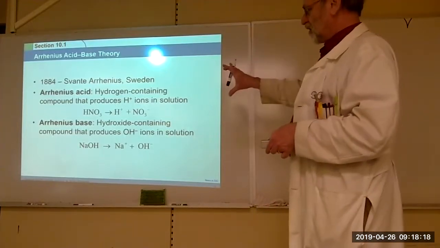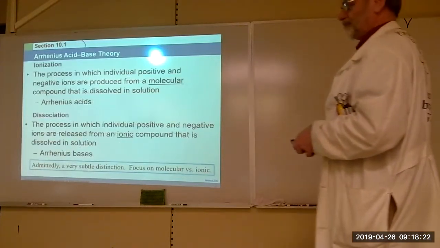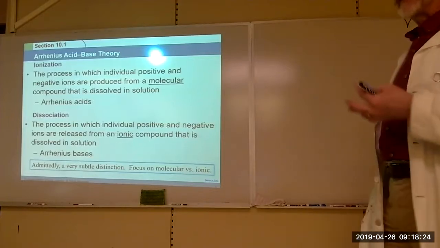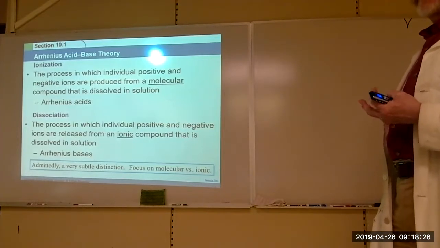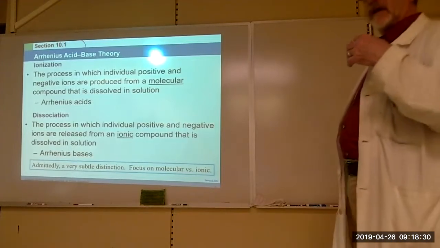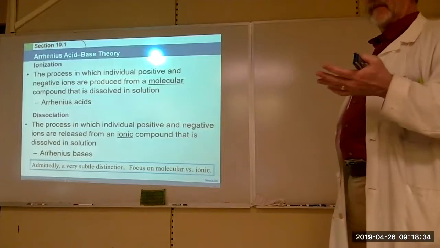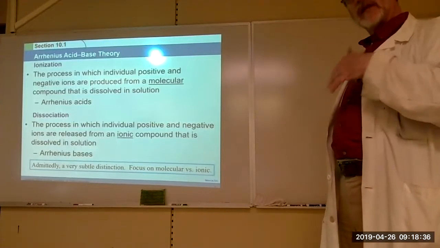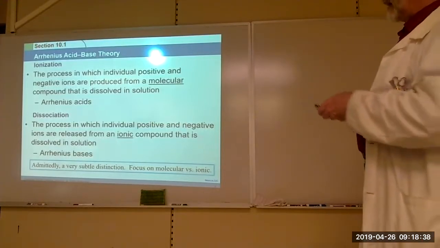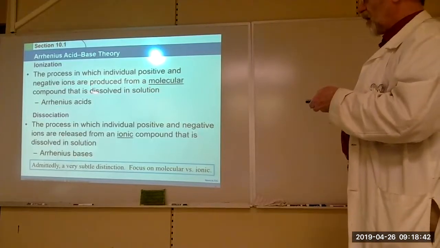We'll take this theory, and before we go to the next one, some definitions. The difference between ionization and dissociation. Ionization is a process whereby a neutral thing becomes a positive or a negative ion. And in the case of acid-base theory, it's a molecular compound.